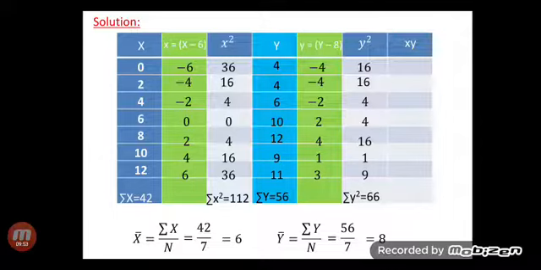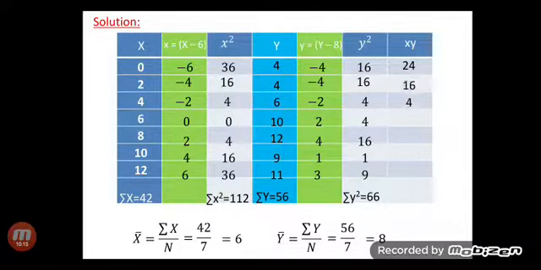Okay. Next we multiply x and y, that is small x and small y. That is, we multiply the corresponding deviation values of x and y. So first, minus 6 into minus 4 is equal to 24. Minus 4 into minus 4 is equal to 16.